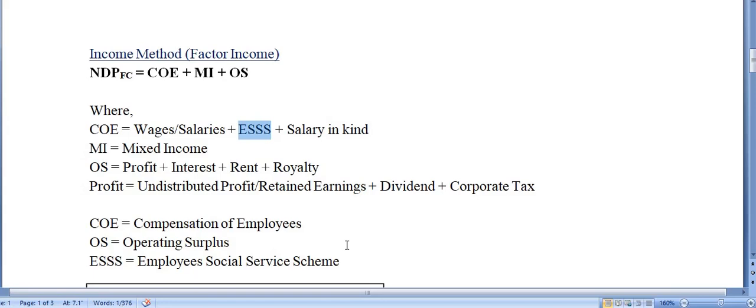The insurance amount has been already included out here. So if you add it again, there will be the problem of double counting. So just to avoid that, you will not include it.